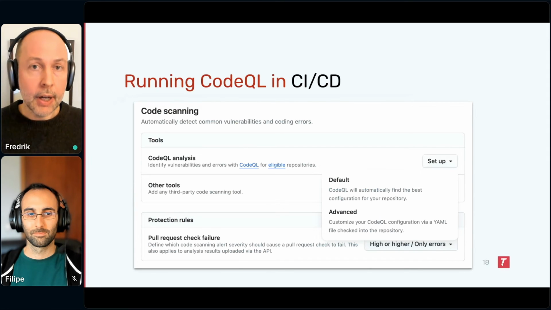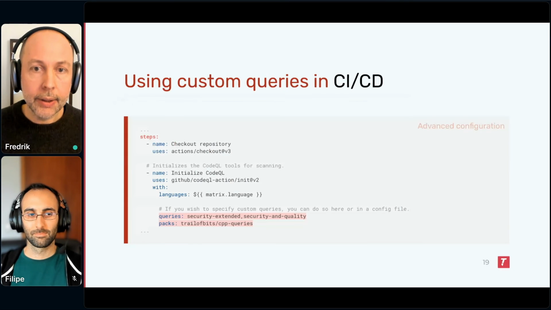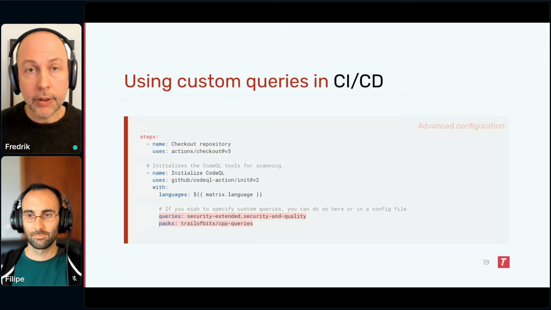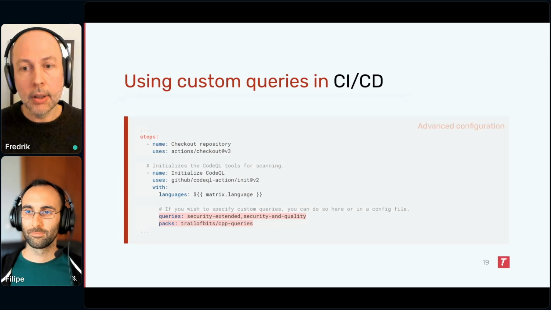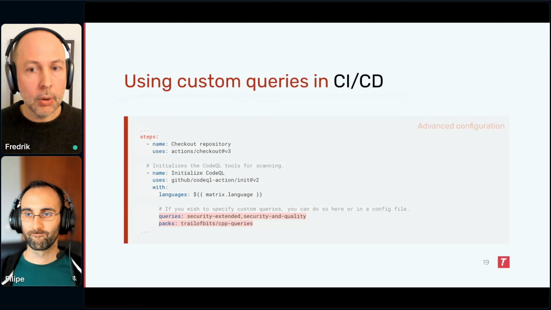And if you choose advanced, you'll basically add a new YAML configuration file to your GitHub Actions, and you can just configure this in any way you want. You can decide which languages you want to scan, which query packs you want to run, and you can filter query results after the scan is complete.